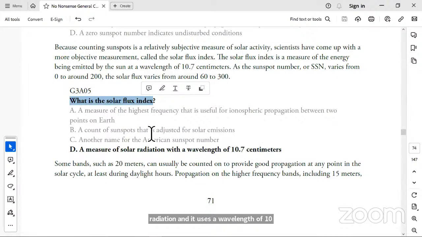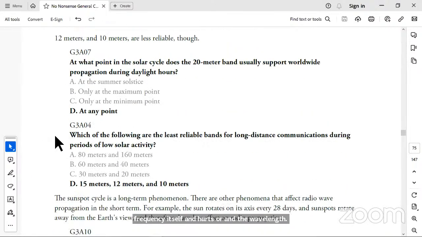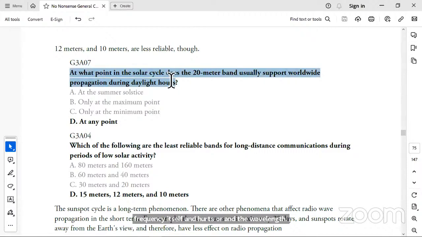So remember, we have the sunspot number, but we also use the solar flux index, and that is an indicator of the solar radiation, and it is measured at the 10.7 centimeter wavelength. Right? So remember, frequencies can be given either in the frequency itself in hertz or in the wavelength. Okay. Hopefully you can see the use of some of the theory we would have covered earlier, right? Why it's important for us to understand these foundational concepts.